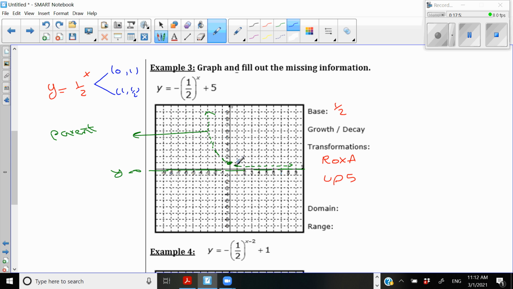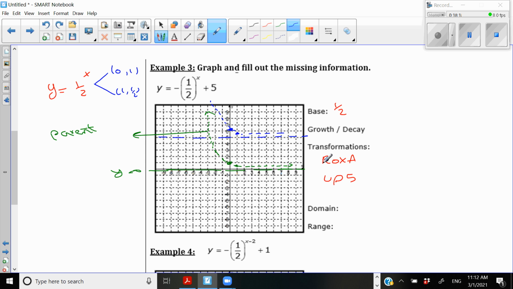Now it's going to be moved up 5. 1, 2, 3, 4, 5. So here is my new asymptote. And these 2 points also are going to be moved up. 1, 2, 3, 4, 5. So one of the points is here. And this one, again, moved up 5 is going to be here. So this is my function when I move it up 5.